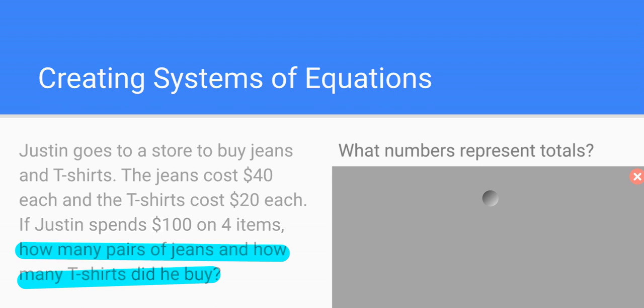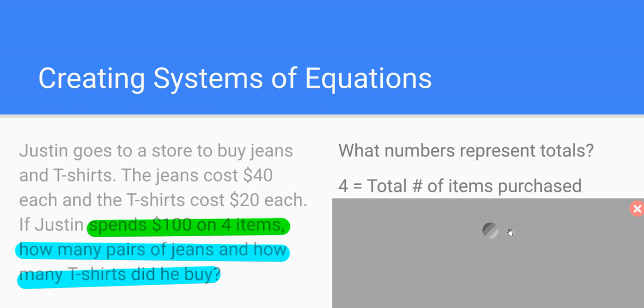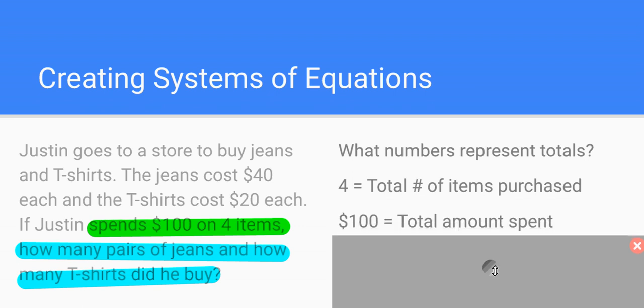And if we look at this scenario here, this first part of the last sentence, we know that Justin spends $100 on 4 items. Right? So 4 is going to represent the number of items purchased. We know he bought 4 items. And we know it costs him $100 to spend on that.